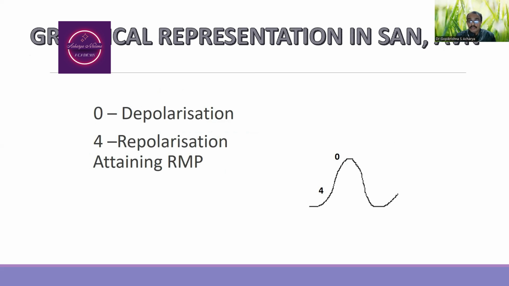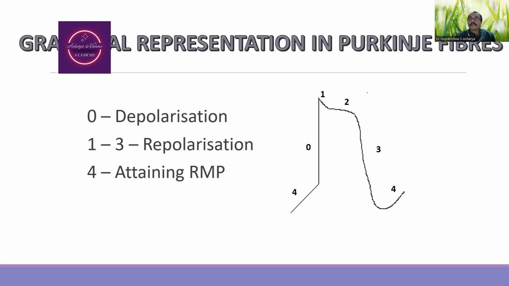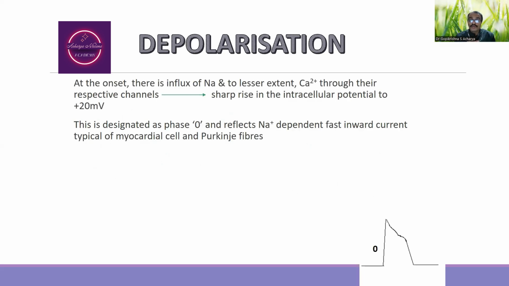This is the representation of the depolarization and repolarization in the SA node and AV node. 0 is the depolarization effect, and 4 is the repolarization effect, and resting membrane potential follows the depolarization wave. This is the graphical representation in the Purkinje system. Again, 0 is depolarization, 1, 2 and 3 are repolarization, and 4 is restoring the resting membrane potential.